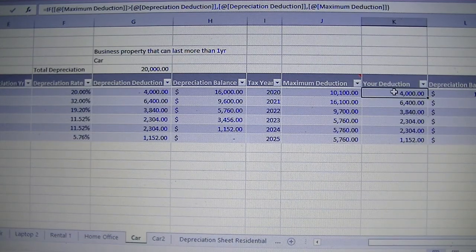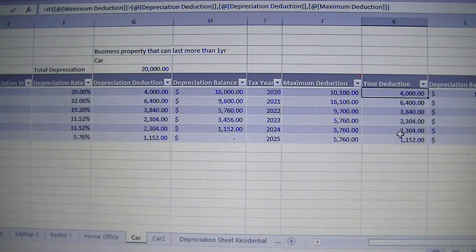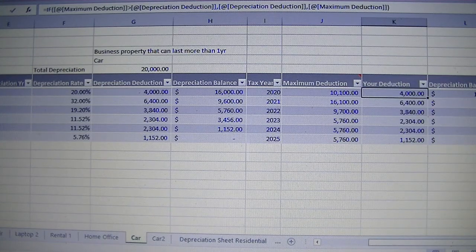So your deduction column is the column that you'll keep well in your record, because that's what you'll be claiming on your car. And the balance column is pretty much taking, the first year is 20,000 minus that 4,000, and the second year is that 16,000 remaining balance minus 6,400 that you claim in year 2, and so forth.